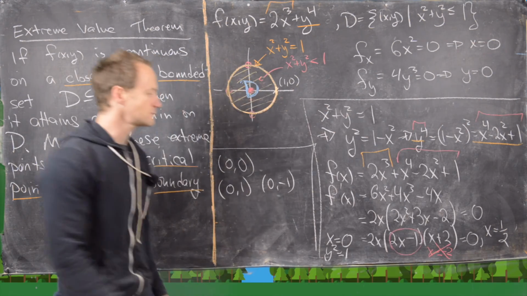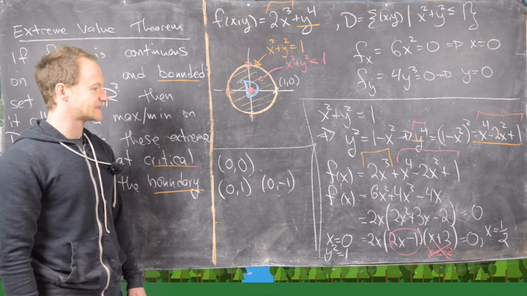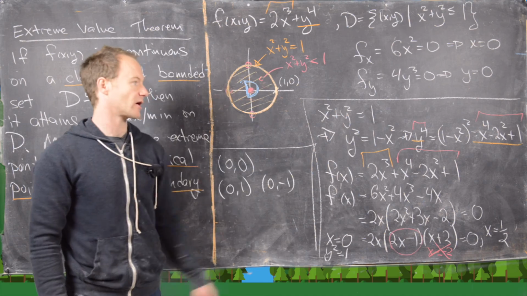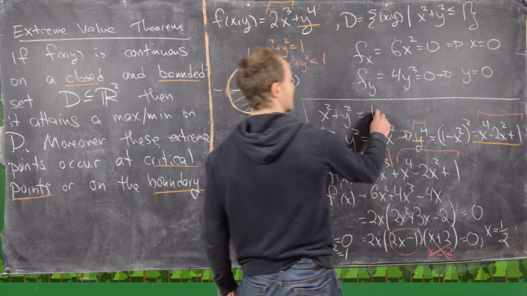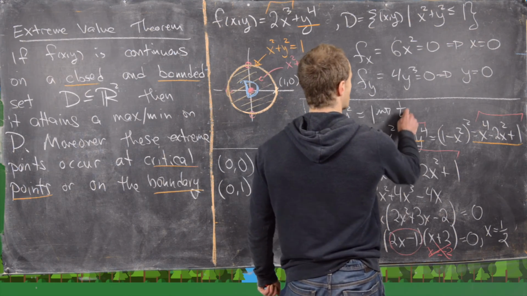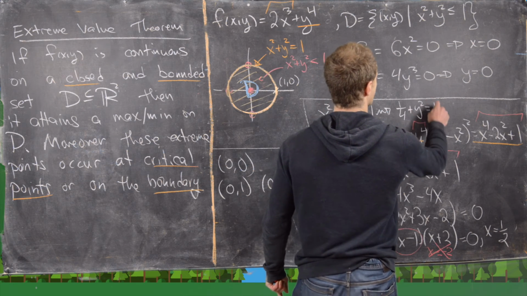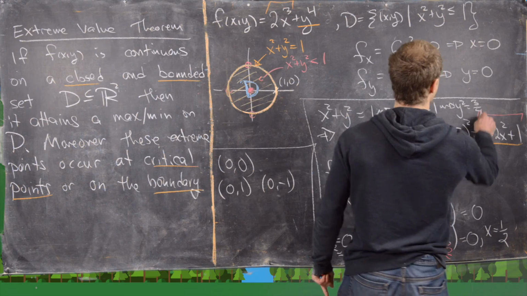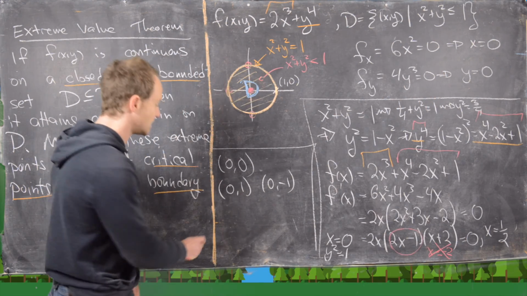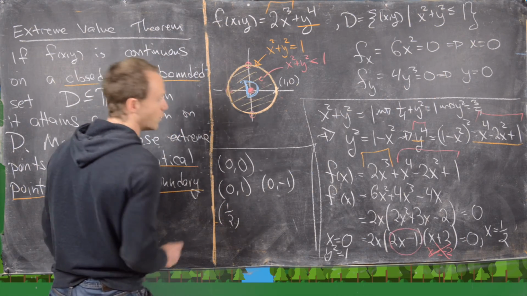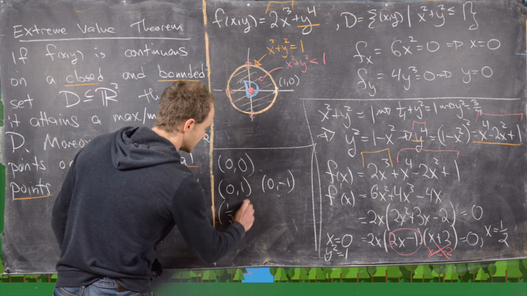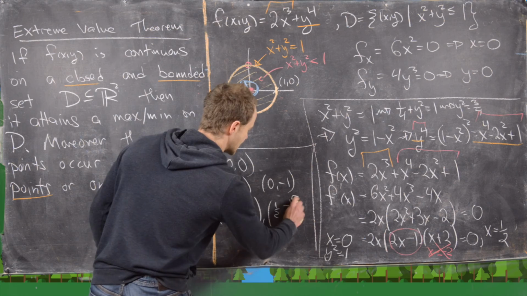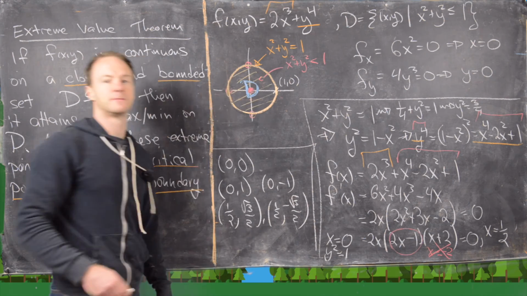Great. But now notice if x equals 1/2, we can plug that in up here. And notice that's going to give us the following: 1/4 plus y squared equals 1, which tells us that y squared equals 3/4, which tells us that we have the points (1/2, √3/2) and (1/2, -√3/2).